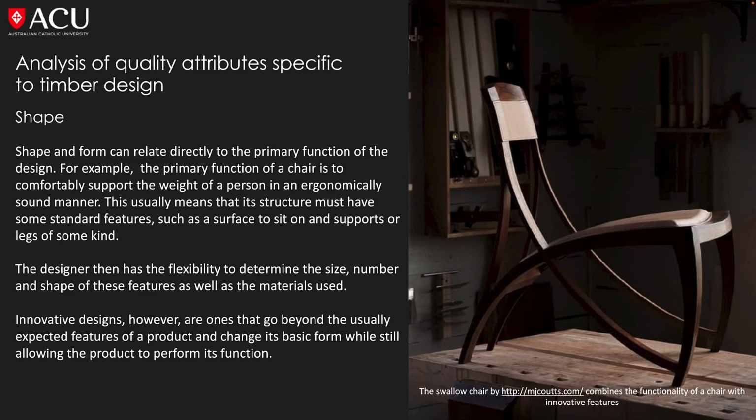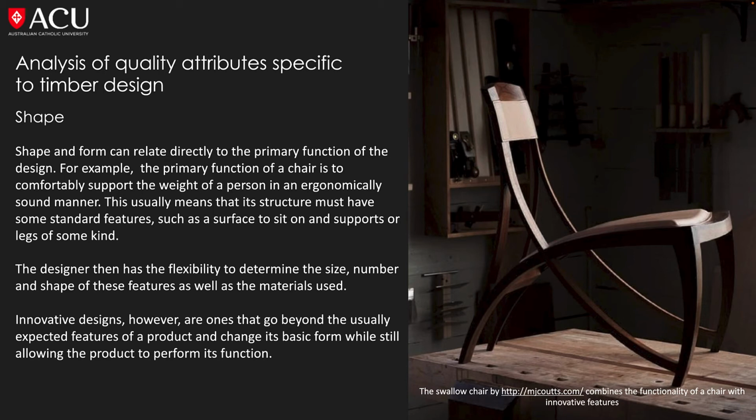The designer then has the flexibility to determine the size, number, and shape of these features, as well as the materials used. Innovative designs, however, are the ones that go beyond the usually expected features of a product and change its basic form while still allowing the product to perform its function.